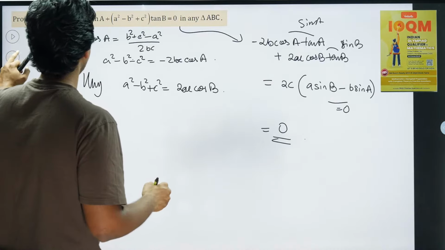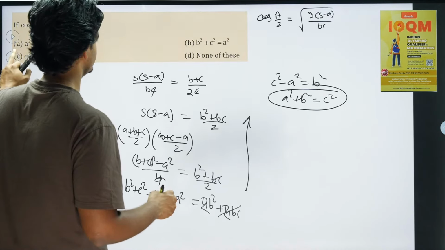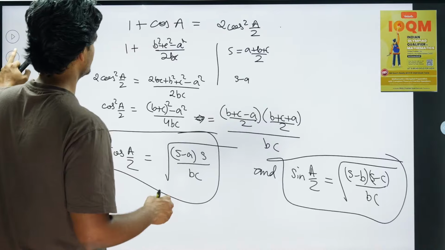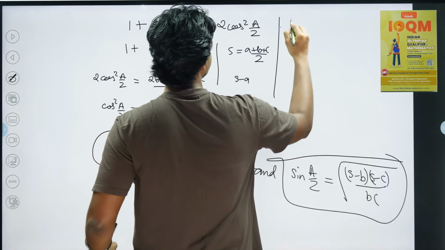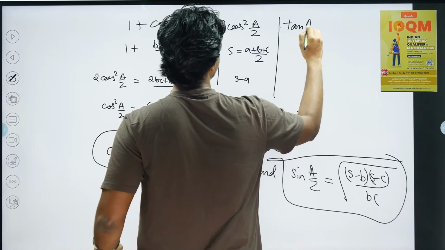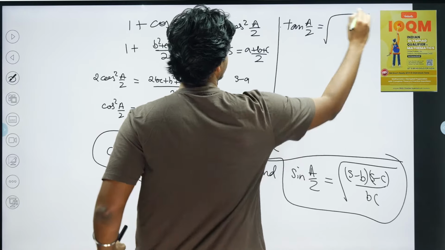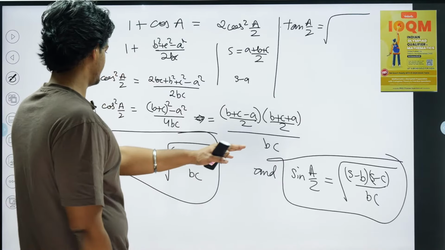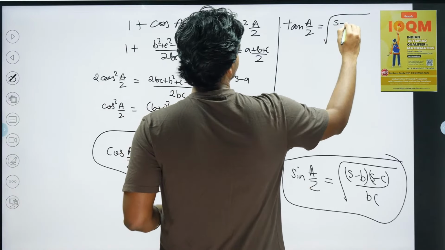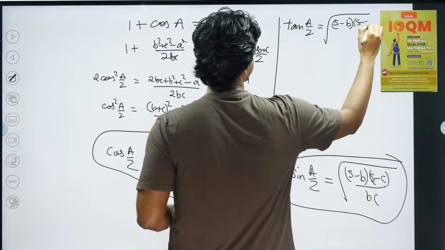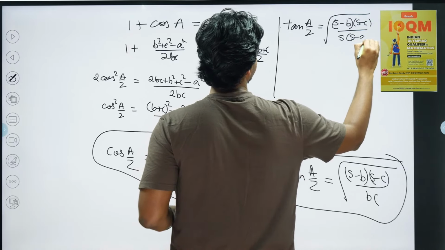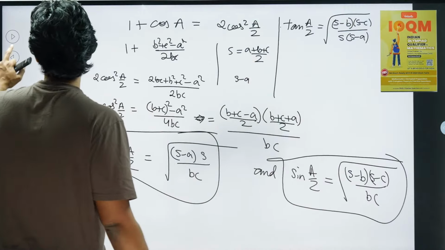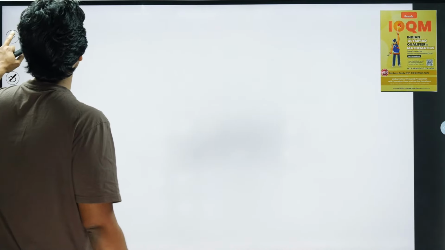Sin A/2 is this, so tan A/2 is the square root of (s − b)(s − c) over s(s − a), right? So we can use that here.